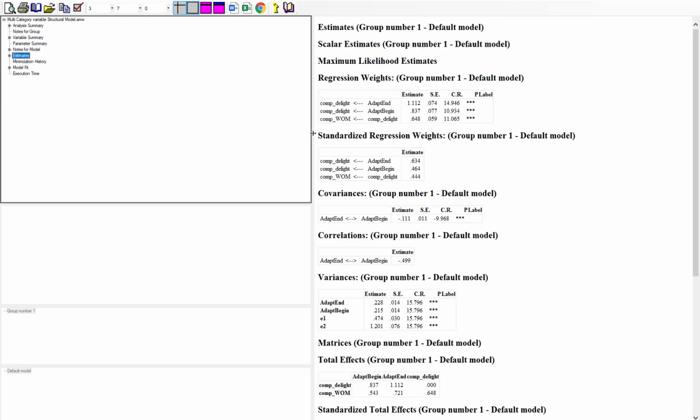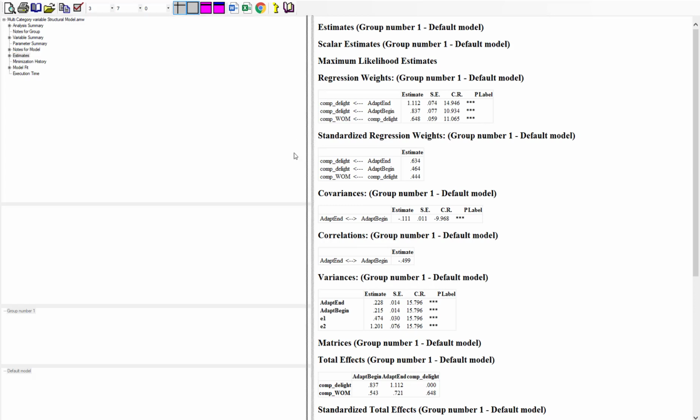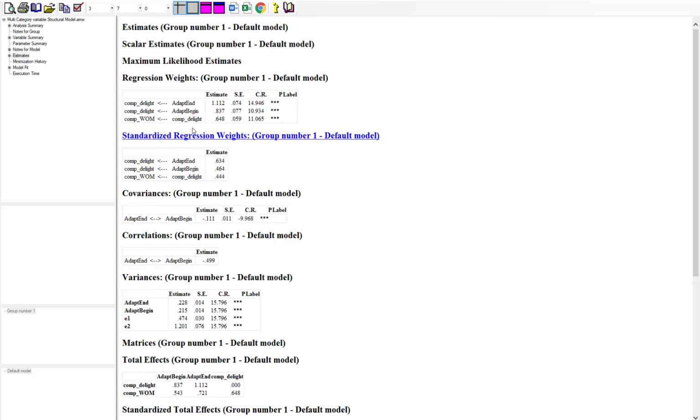So in our output here, you can see that adapt begin has a 0.837 unstandardized regression weight. We're really not looking at standardized regression weights when it comes to dummy coding these variables. You really probably just need to stick to the unstandardized. So we have an unstandardized regression weight of 0.837 and the t-value was 10.934.